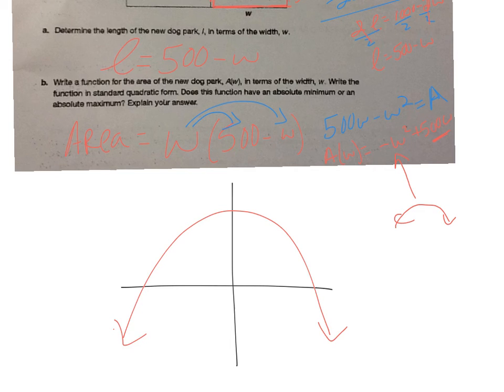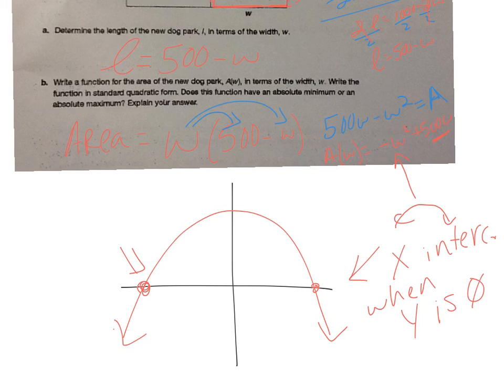And the x-intercepts are this point and this point. These are the x-intercepts. And this is when y is 0. For this particular case, it's when will the area be nothing. So you want to think of what width, length, can make a 0 area for the dog park. And the vertex will be your maximum area.